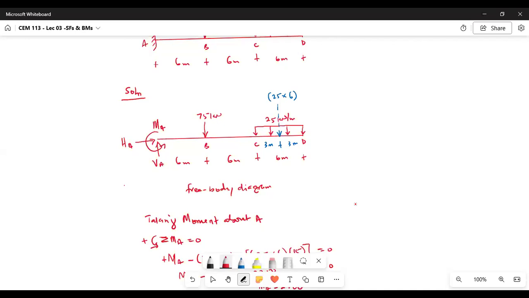This 75 will be anti-clockwise, times the distance of 12. And then the VA will be clockwise times the distance of 6 plus 6 plus 6. And then the HA will be times 0 because it's along the axis of the beam. And then the MA will also come.